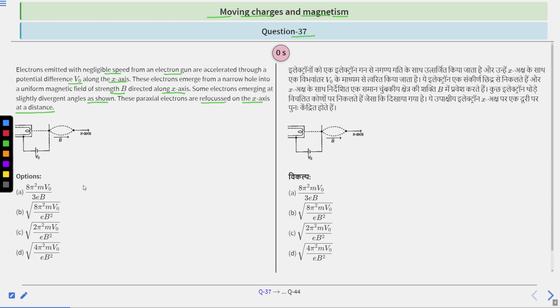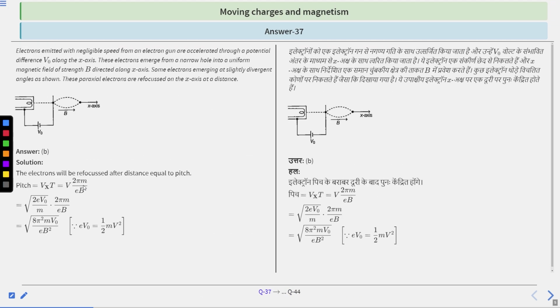Let's find the solution. According to the question, electrons from an electron gun are accelerated through a potential difference V naught. As shown in this image, the potential difference is V naught here, and along the x-axis, this is the direction, the electrons emerge from a narrow hole.